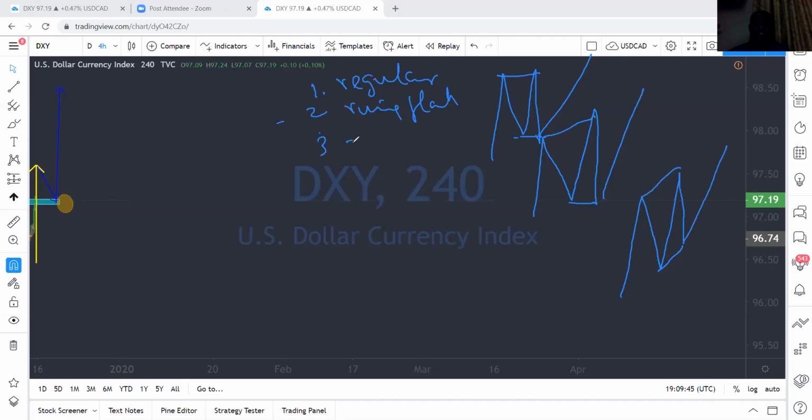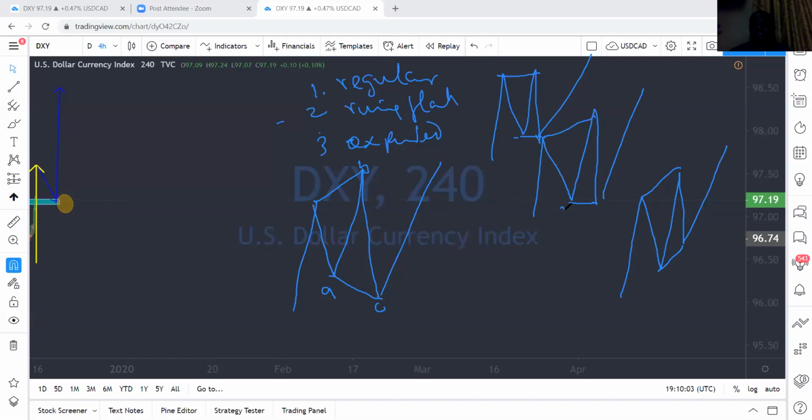And then we have three, the expanded flat. In an expanded flat, you have impulse, correction, break top, break down. This is what is called an expanded flat, boom, to the upside. So this is A wave, this is B wave, and this is C wave.